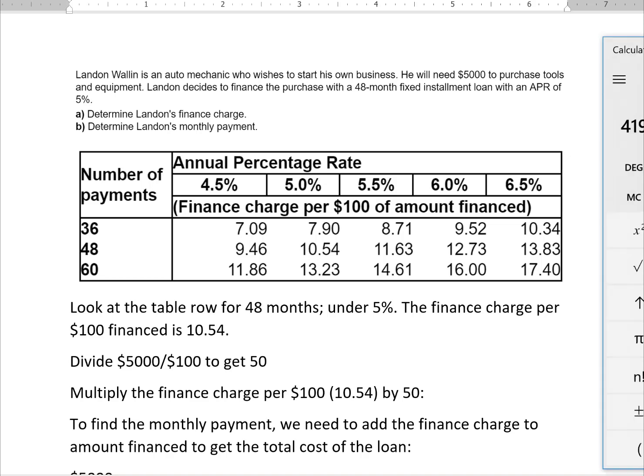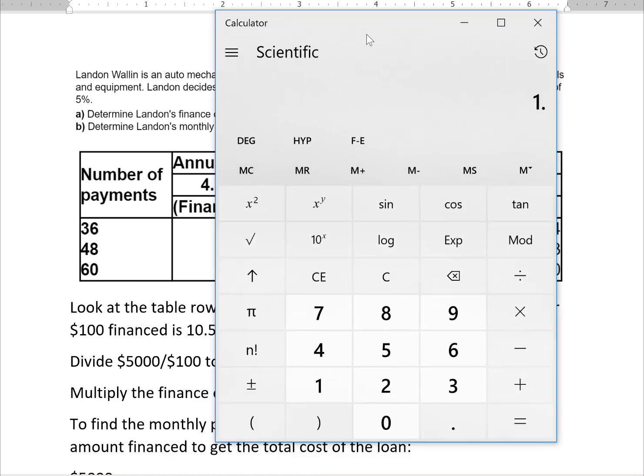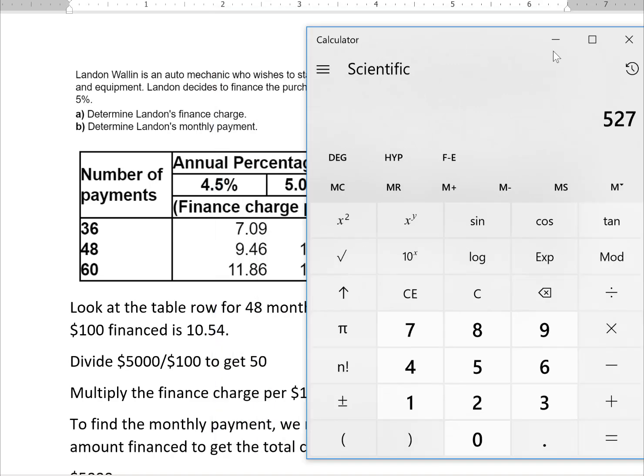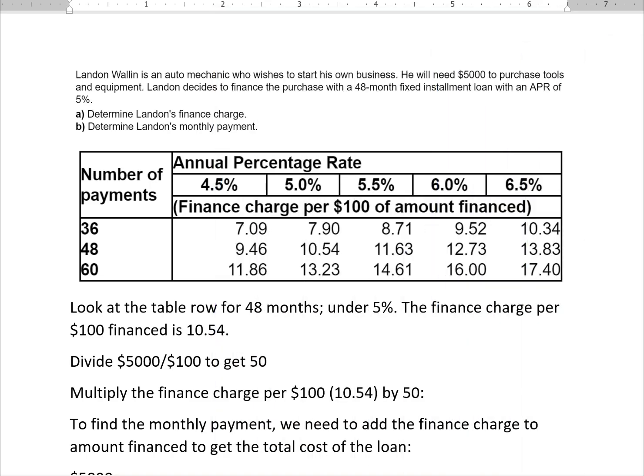So I'm going to take 10.54 and I'm going to multiply that by 50. So his finance charge is $527.